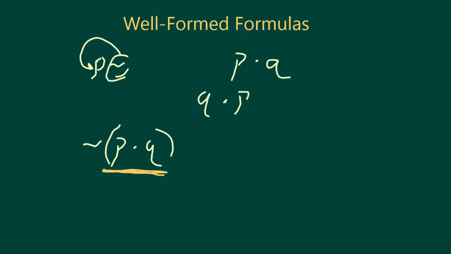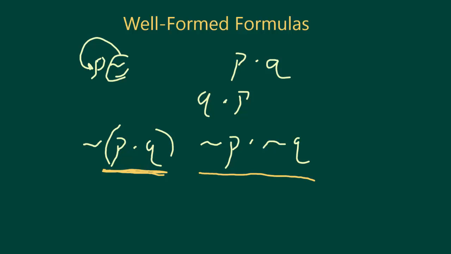Now I'm not just negating P, and I'm not just negating Q. What I'm negating is P and Q. I'm saying that's not true. It's not the case, both P and Q. Which is different, and you might not think it's different, but that's different than saying it's not the case P and it's not the case Q. Both of these statements are well-formed formulas.